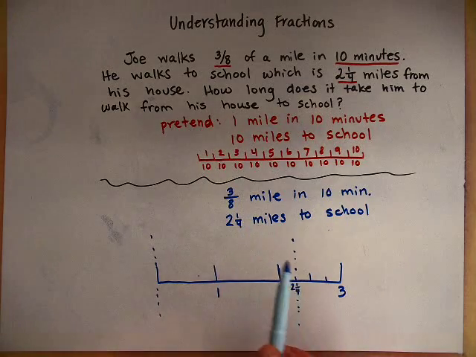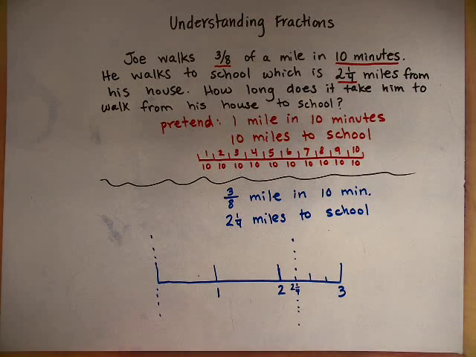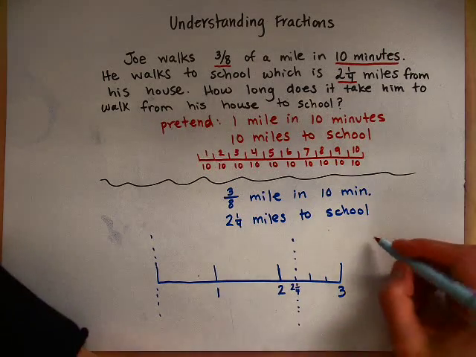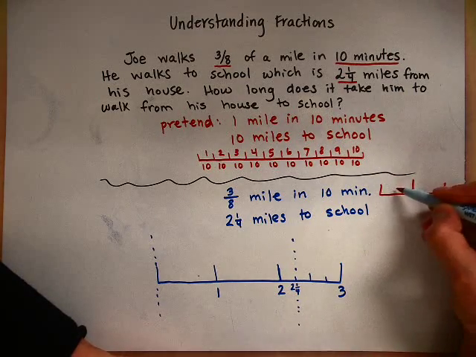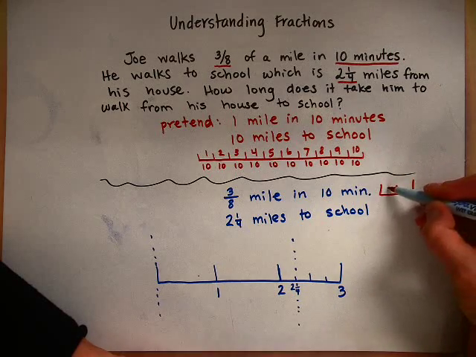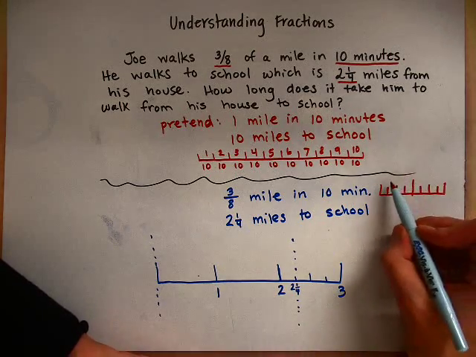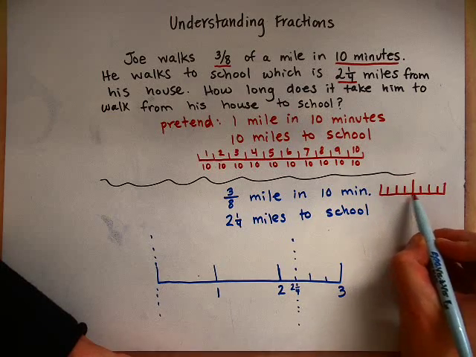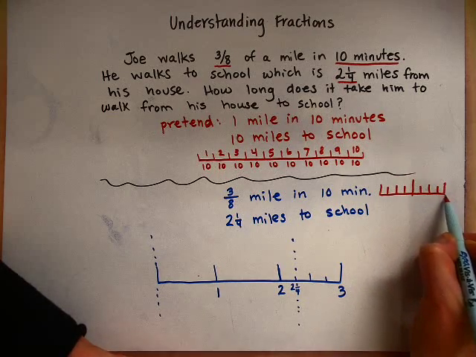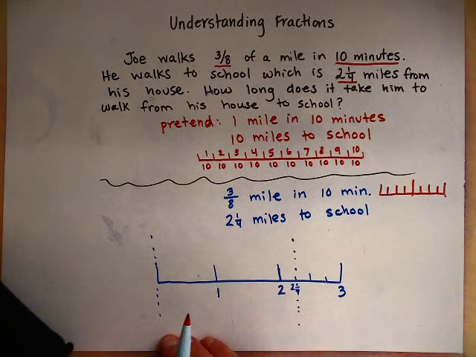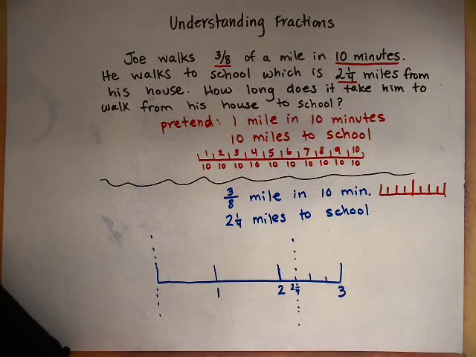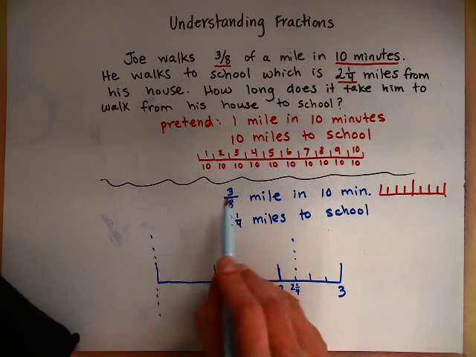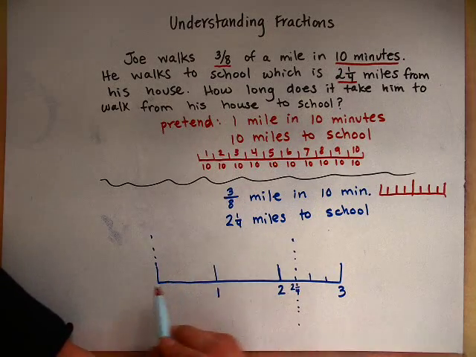Now I am dealing up here with eighths, and eighths are broken up into 8 parts. So this is 1/8, 2/8, 3/8, 4/8, 5/8, 6/8, 7/8, 8/8 right there. If I break this all into eighths, then I should be able to count how many there are, and then I can count by 3/8 portions.